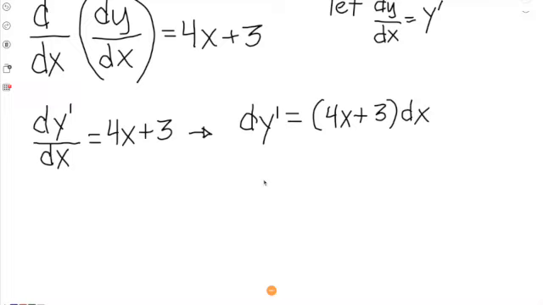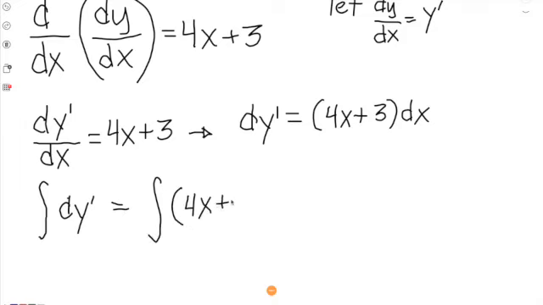So we will do the first anti-differentiation. So the integral of dy prime should be equal to the integral of 4x plus 3 dx.